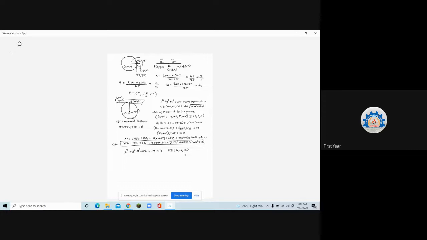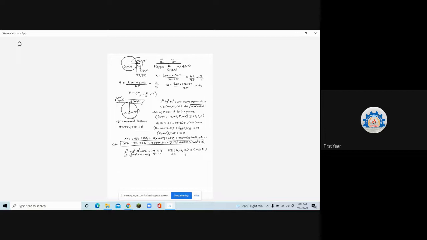So you are given the point x1, y1, z1. This point which is there is x1, y1, z1. And what is D? D is also given to you. x square plus y square plus z square minus 4x plus 2y minus 4 is equal to 0.